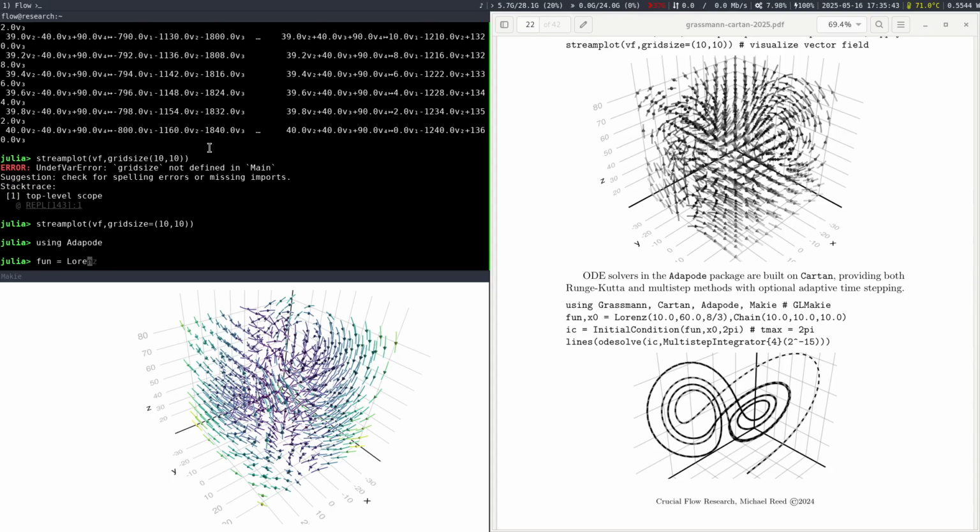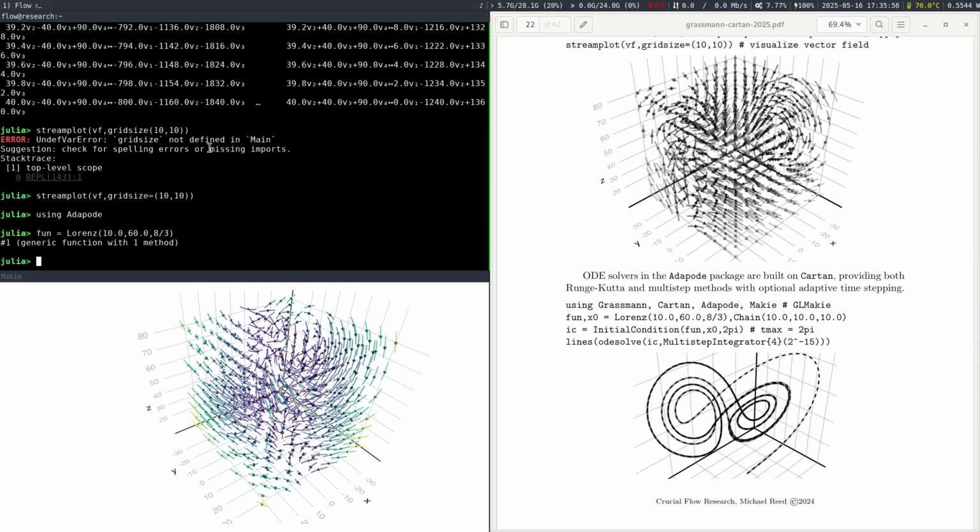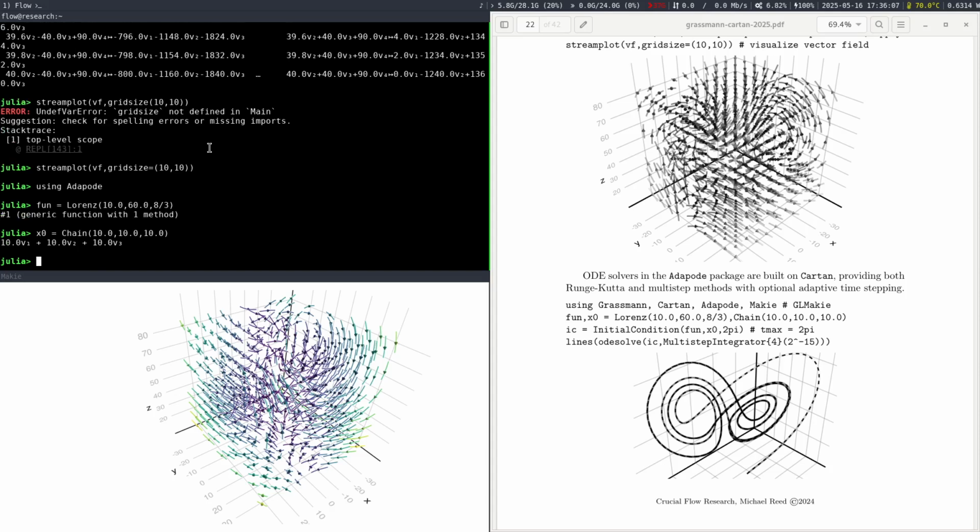So we'll define the function as like this, 10.0, 60.0, 8/3. And then we'll define x0, then we'll define the initial condition.